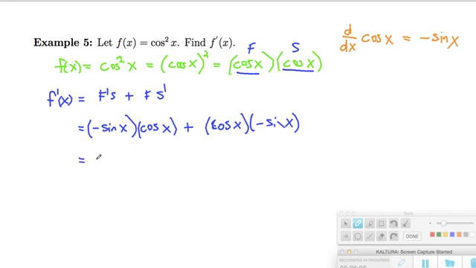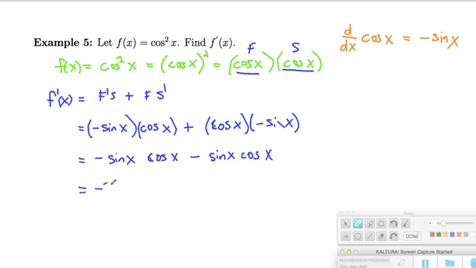So what we've got here is a negative sine of x times cosine of x minus, same thing, I can put these in the same order, sine x times cosine of x. Since they're just multiplying them, the order doesn't matter. And once I do that, then I can see that these are really just two of the same thing.